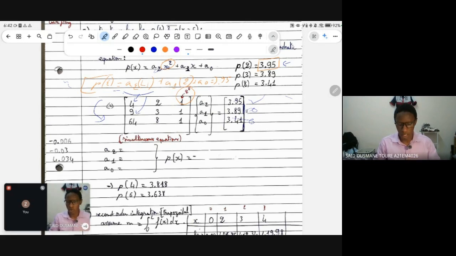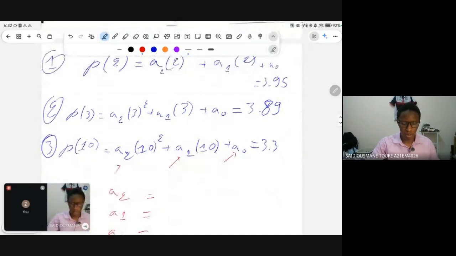For the values of 10. Because in that case, it's either you activated the mode or my calculator is giving something else. So let me check. So we have 4, 2, 1, 3, 1, 3.89.